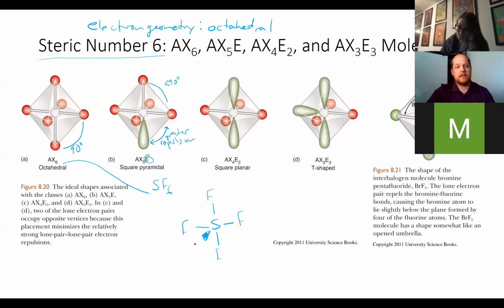You do it like this, or use the wedge and dash for 2 of the fluorines, which mimics a little bit the picture that's up there. Or you could also do it such that you have just 2 fluorines in the plane of the screen or the page, and on one side one going out, one going back, and on the other side one going out, one going back.